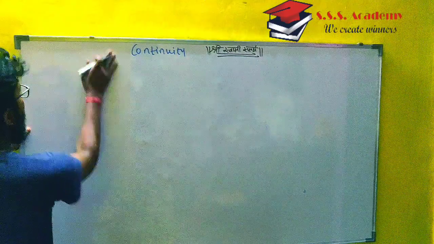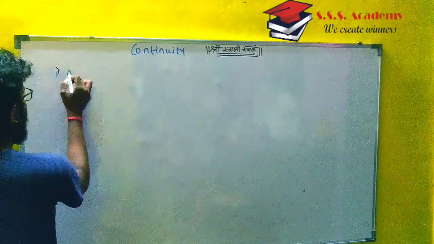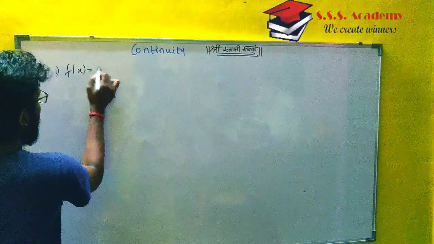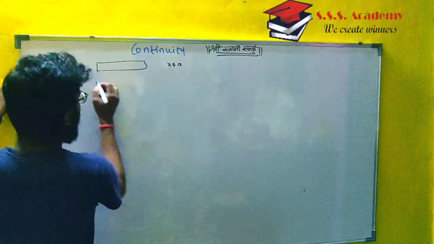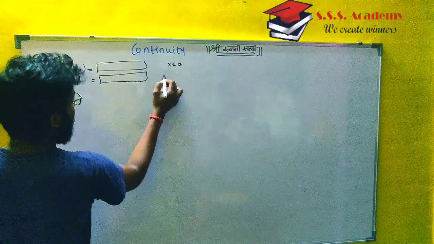The first way they are going to ask the question is, a function will be given to us, and over here the function is given corresponding to x not equal to a and x equal to a.